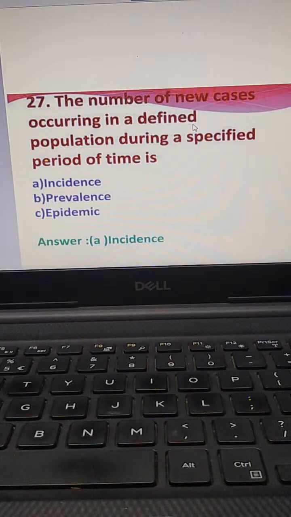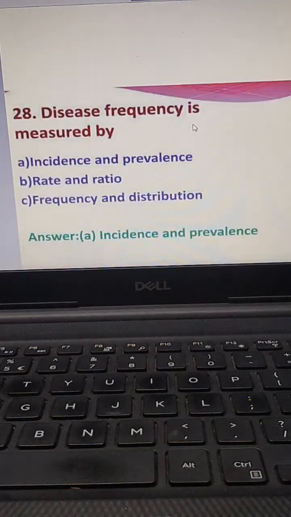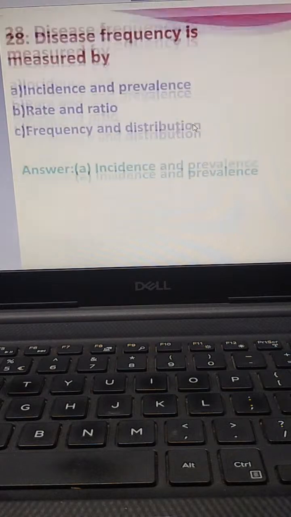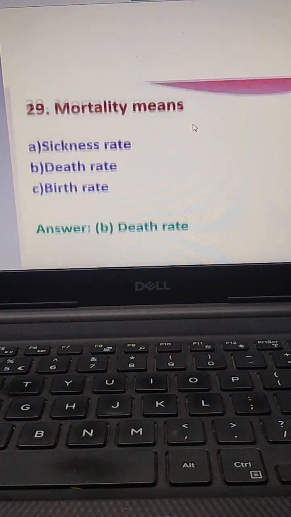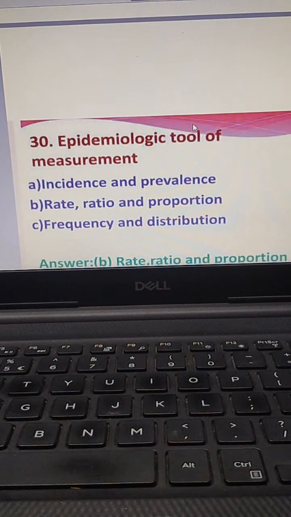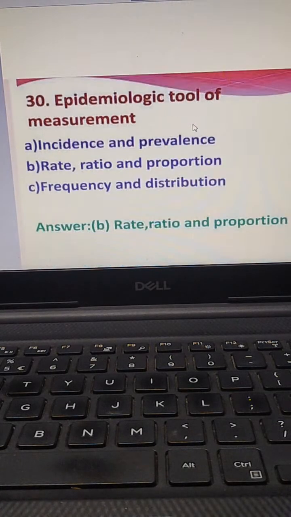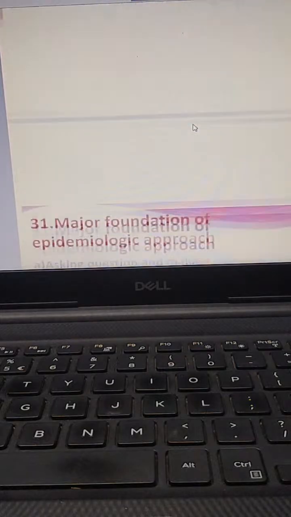Then the number of new cases occurring in a defined population during a specified period of time is incidence. Disease frequency is measured by incidence and prevalence. The next question, mortality means death rate. Then epidemiologic tool of measurement, rate, ratio and proportion.